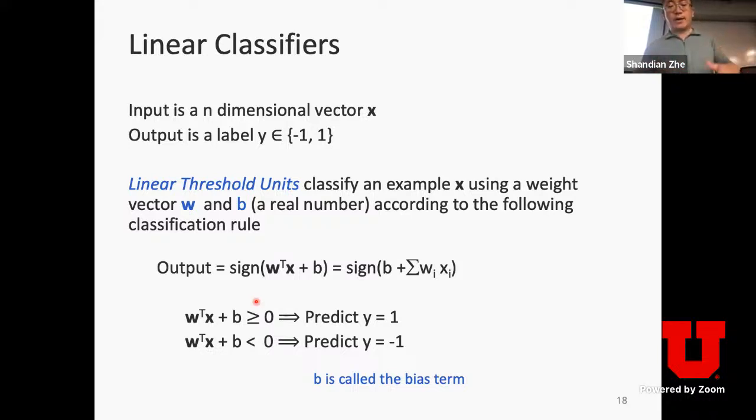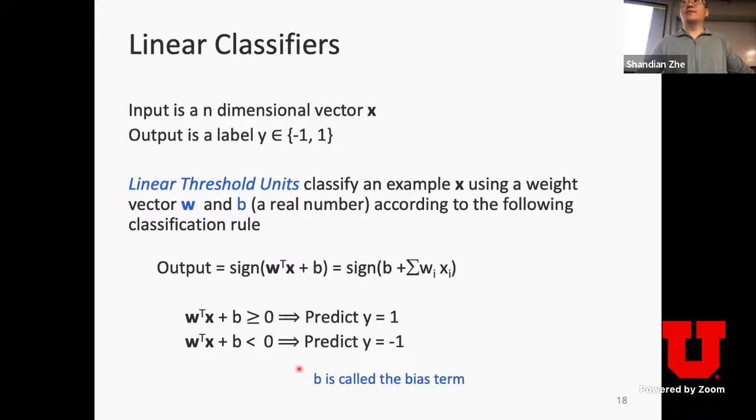If the sign is -1, meaning your score w transpose x plus b is negative, then we predict the label as -1. So b is called the bias term. This is our classification rule for linear classifiers. Almost all linear classifiers follow this rule and this definition. So any question regarding the definition?